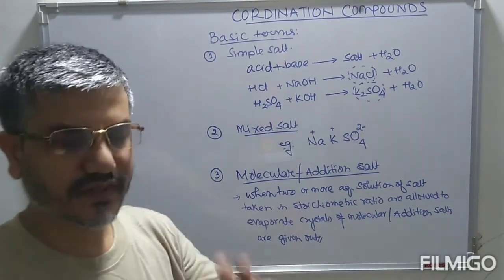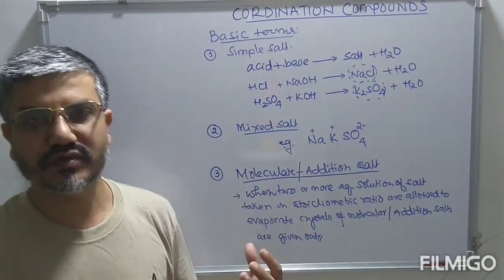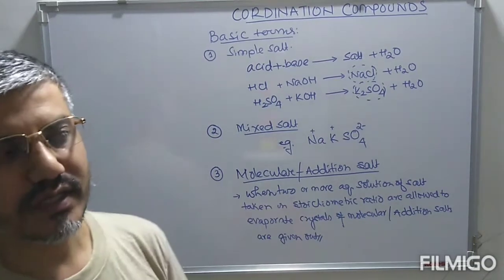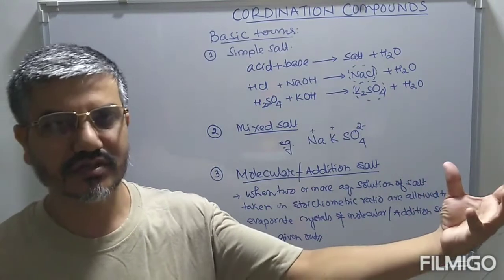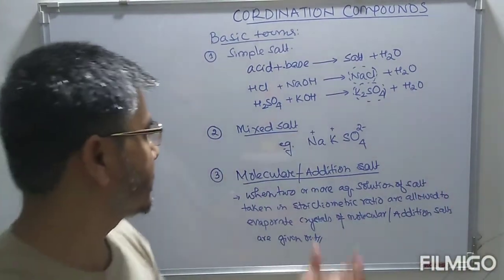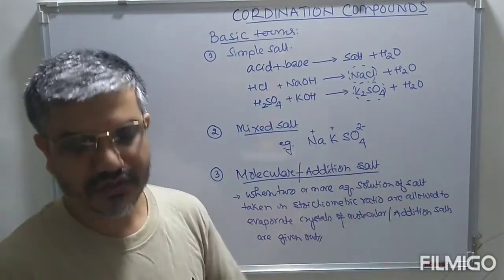So basically in this case we are taking two or more different types of salt in a stoichiometric ratio, mixing them together and allowing them to evaporate until certain crystals are obtained, and that crystal is what we call molecular or addition salt.